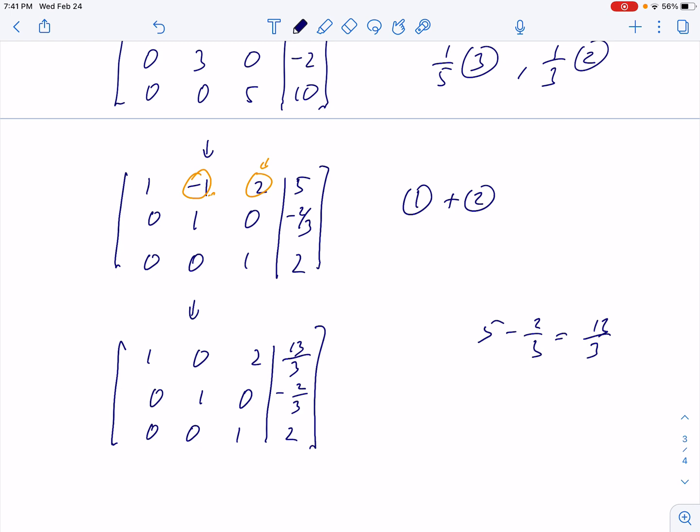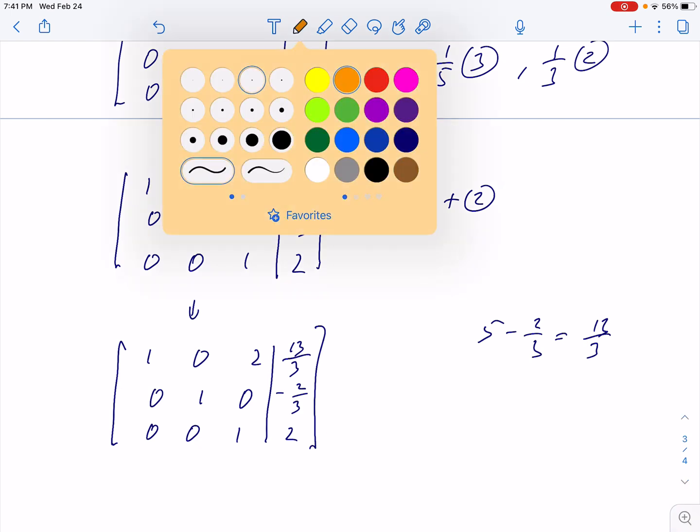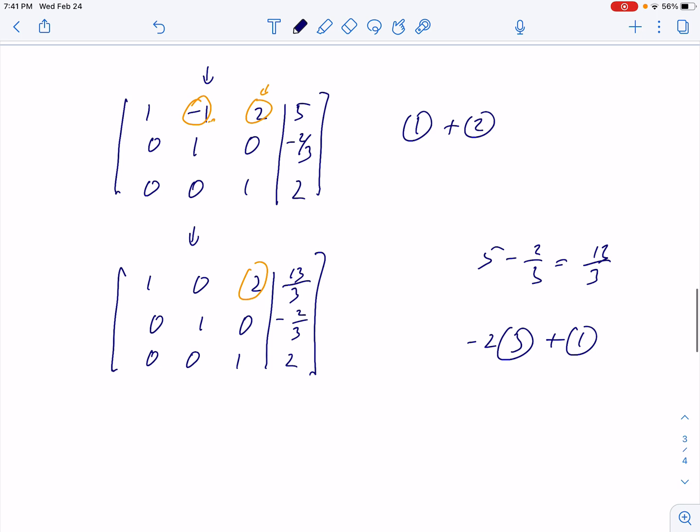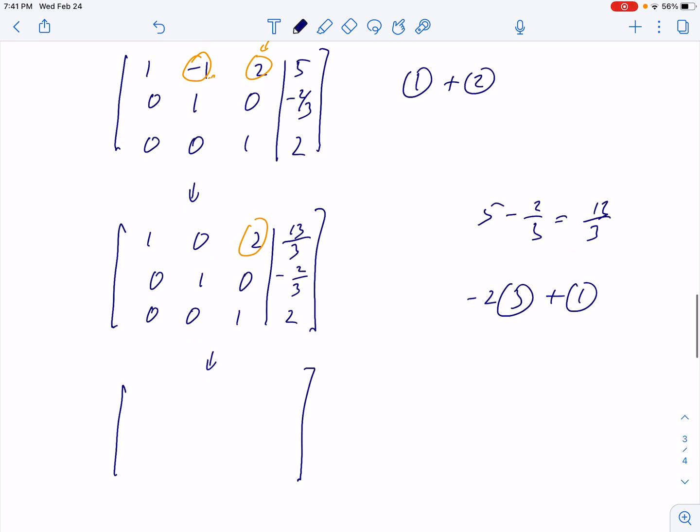Okay. Remember what I said about eliminating these two here using the third line. So we multiply the third by -2 and add to the first. What will be the result? 1, 0, and 0 now, because this will be eliminated.